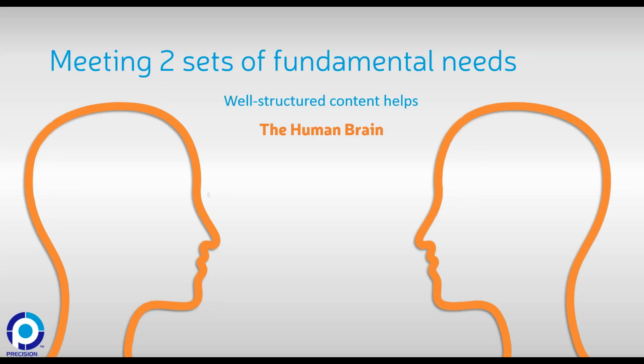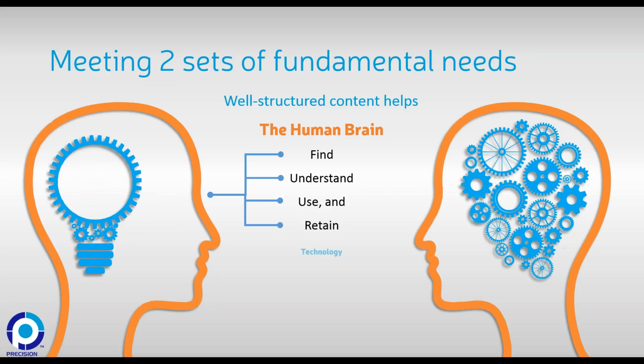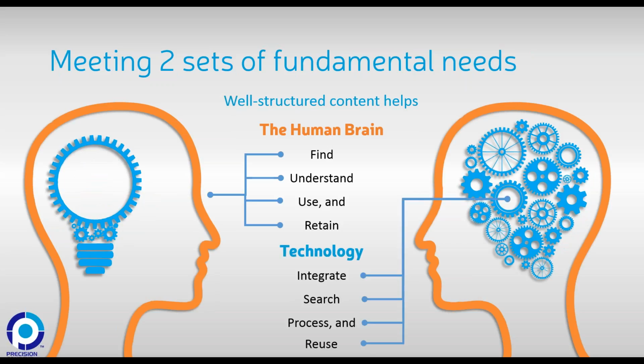Now, working with this structured information serves two fundamental sets of needs. For the human brain, good, well-structured information helps us to more easily find, understand, use, and retain information. With technology, having well-structured content allows us to facilitate better integration of our content with other sources of data or other systems.